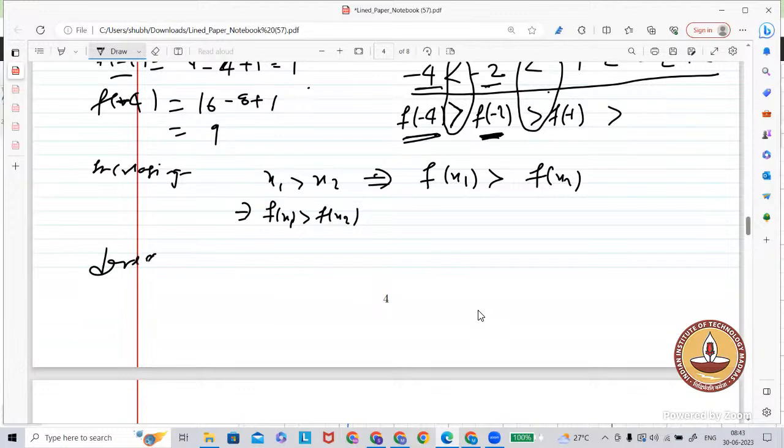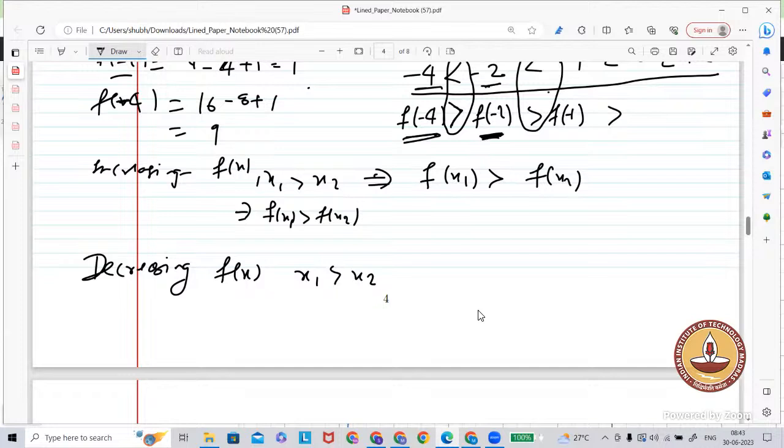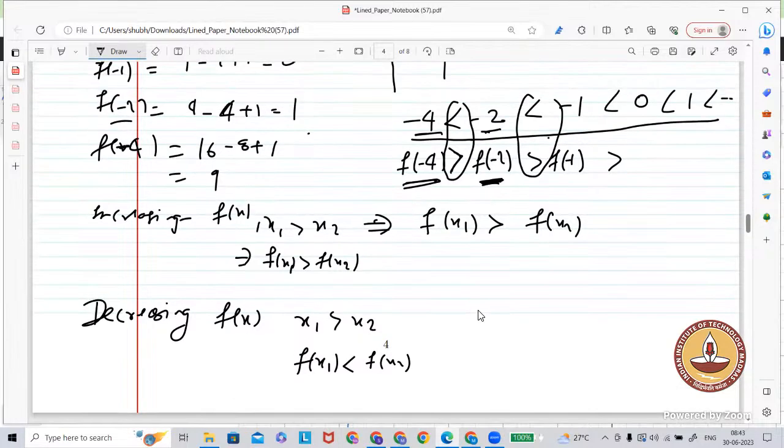And decreasing means you will see the inverted sign. A function f of x is said to be decreasing if the inputs x1 and x2 are increasing, but the output is the reverse, the same as the cases here.